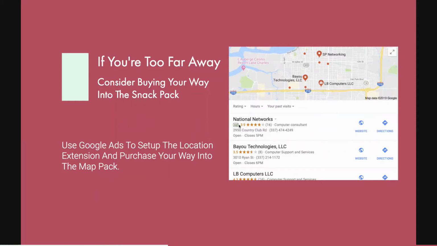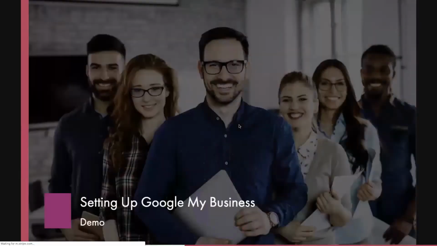So if they are, let's say, 50 miles away, but they're servicing that area, you can actually buy your way into that and show up in the snack pack for a local search. It's a good way to get up higher in the snack pack, but you do pay for that click. So something to keep in mind if you are wanting to get into a certain geography, but maybe just too far away to show up in a proximity search, you could buy your way in by setting up the local extension inside of your Google AdWords.